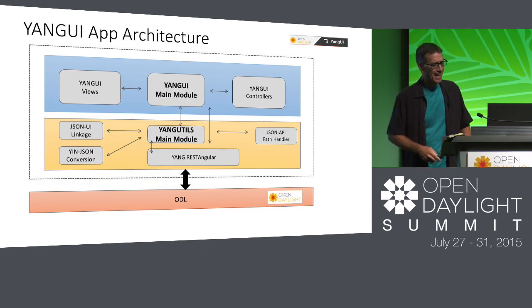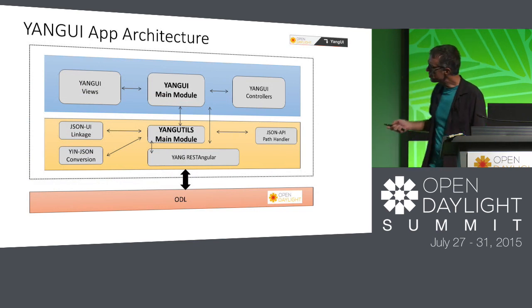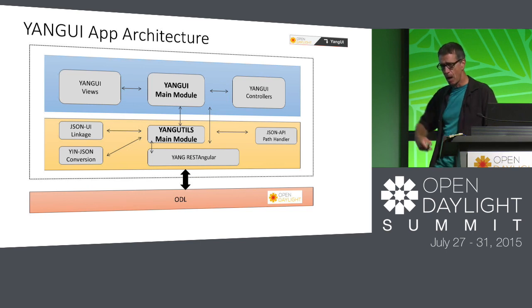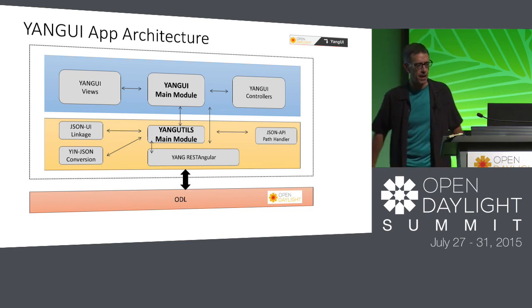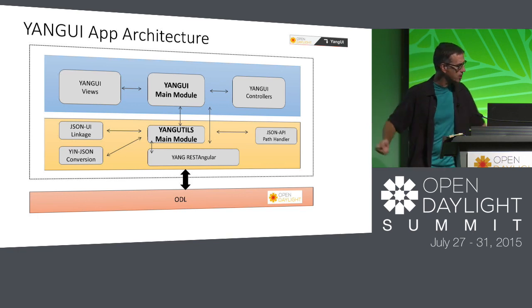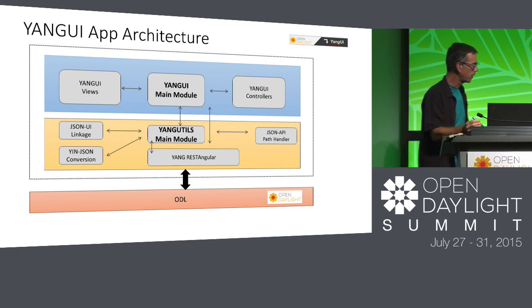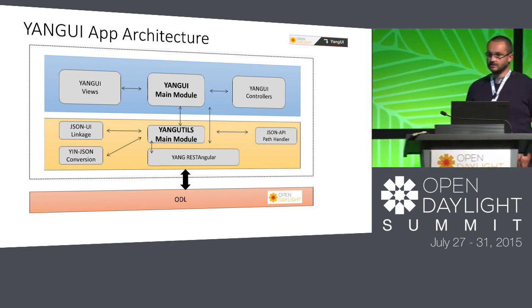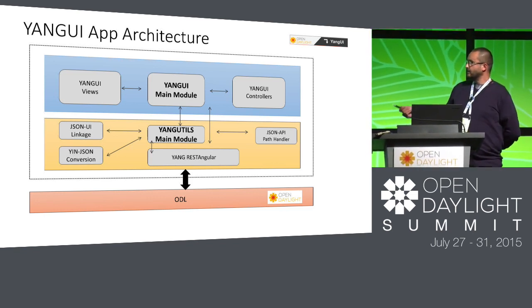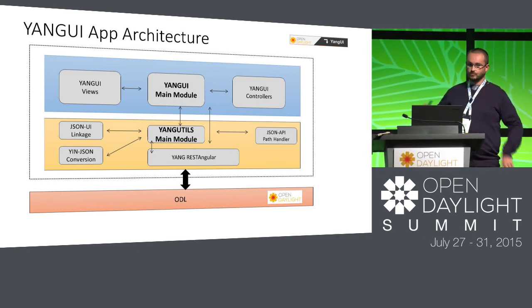So at a high level, the components, and in my mind, being an apps guy, I've got the front-end user interface. Here is the back-end logic. Daniel, why don't you take us through at a high level some of these functions? Yeah. The YANGUI application itself is just two basic modules.